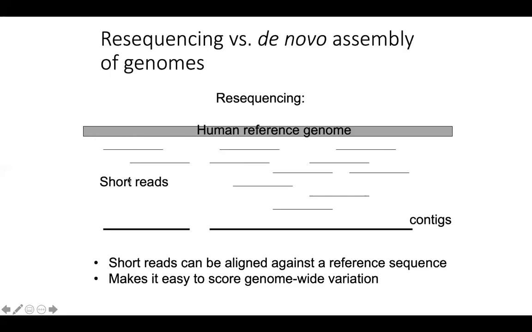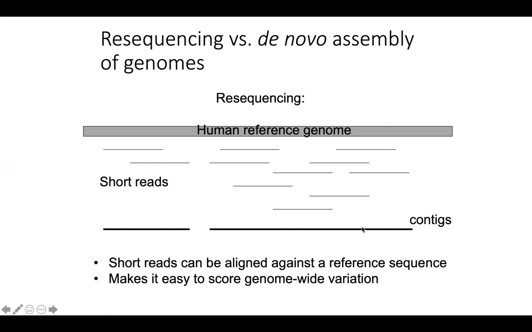So in that case, it doesn't really matter that we have this little gap here in this cartoonish example where we don't know how the two contigs are linked to one another, because we know where each of these reads goes in the genome. We know that this context is to the left and not that far away from this larger context here.